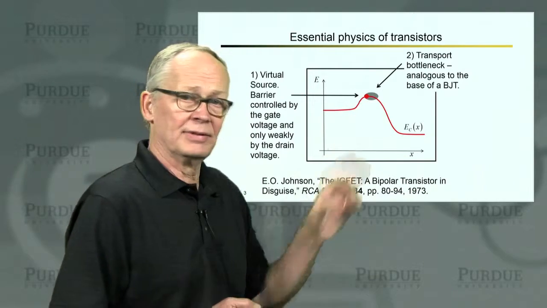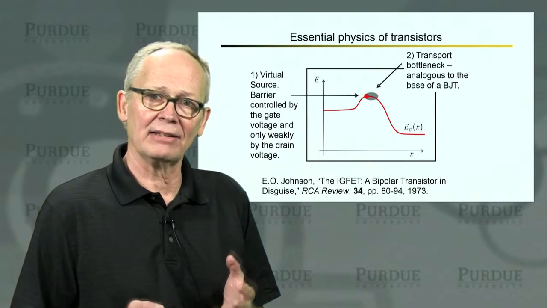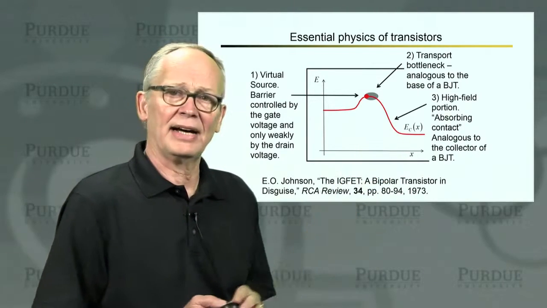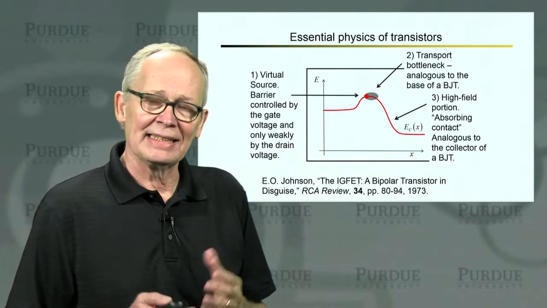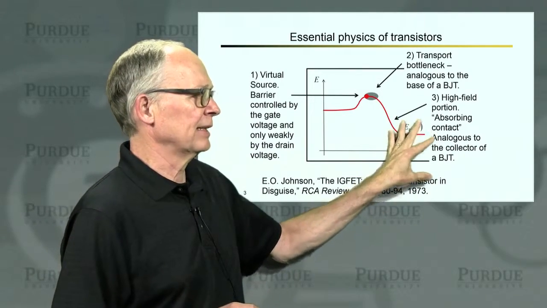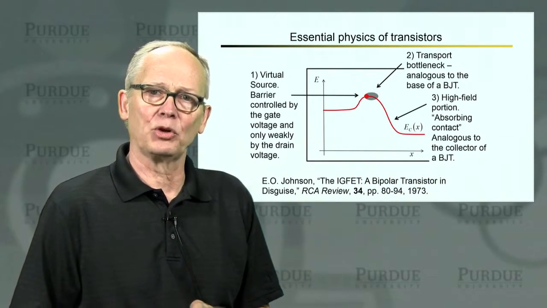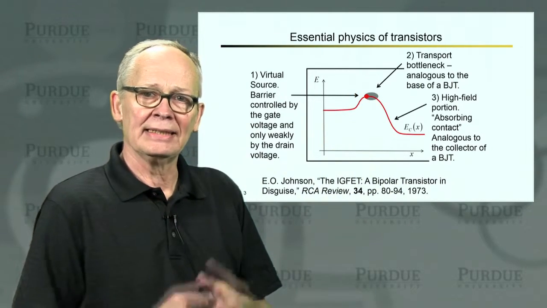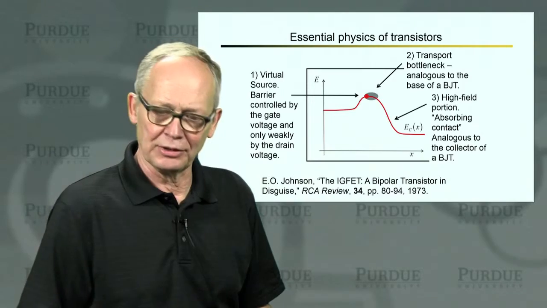So we could think of this low field region as analogous to the base of a bipolar transistor. And we could think of the high field portion of the channel as analogous to the collector of a bipolar transistor, as something that is operating as an ideal absorbing contact. Any electron that makes it to that region is simply absorbed and exits through the drain.